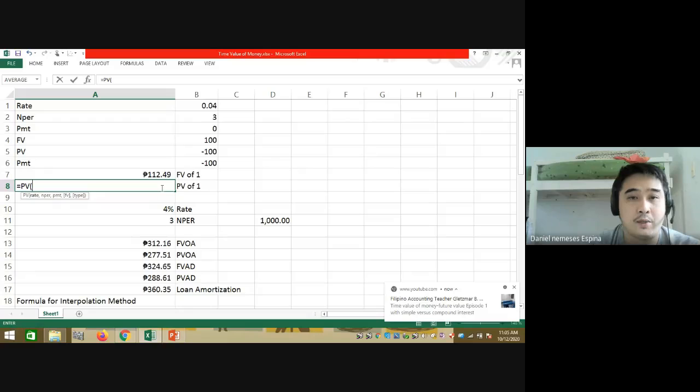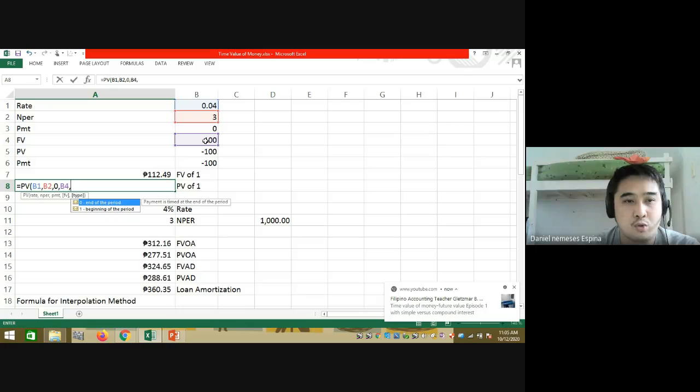The rate is similar, that's 4%. N per is 3. Payment is 0 because this is a lump sum, which is only entered if it's an annuity. The future value is, let's say, 100. As to type, beginning, close parentheses, and then enter.